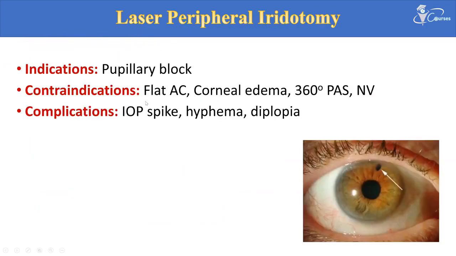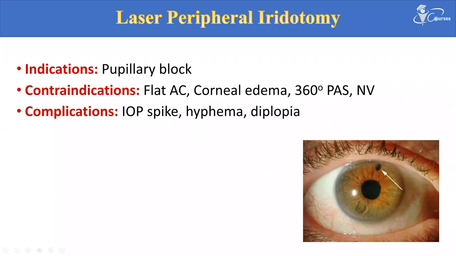Another form of laser is the laser peripheral iridotomy. The solid indication for the laser peripheral iridotomy is pupillary block. So doing a PI will break the vicious circle and allow an alternative passage for the aqueous.